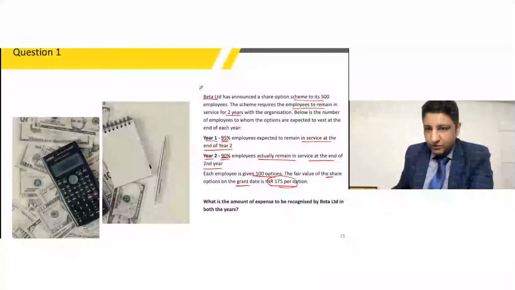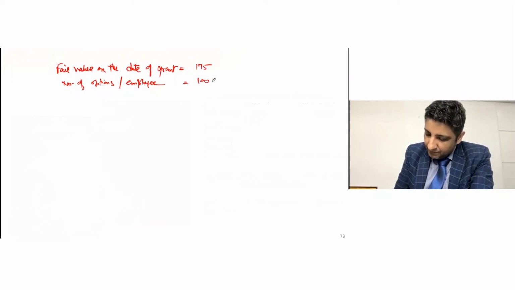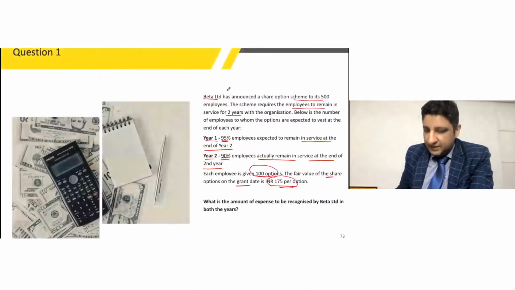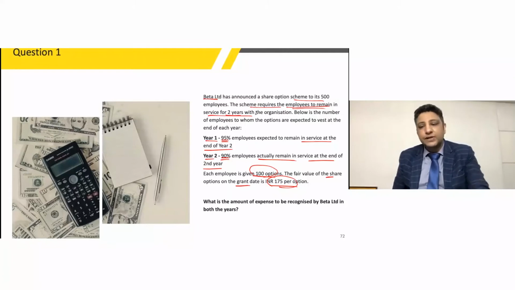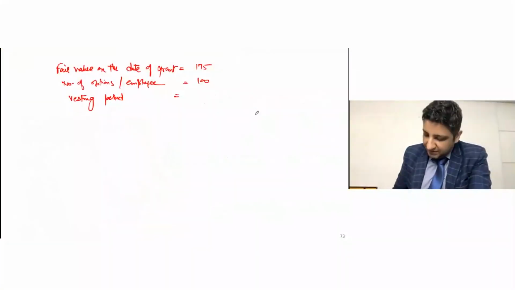That is also given to us, which is 100 options. We're also looking at the calculation of the vesting period. Essentially, this statement suggests that the employees should remain with the organization for 2 years' time. So that means that my vesting period has to be 2 years.